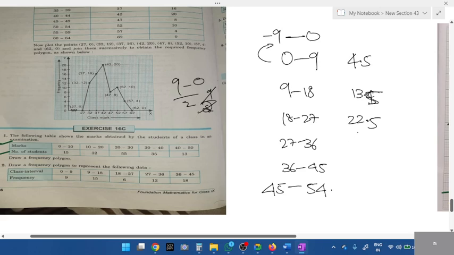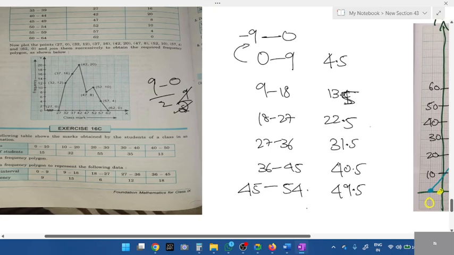Yes. 31.5. 36 plus 4.5 is 40.5. Very good. Next. Understood all of you? Is it clear? Yeah, here it is minus 4.5, students.